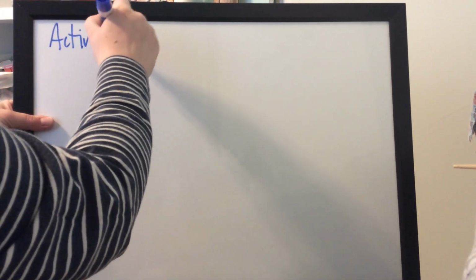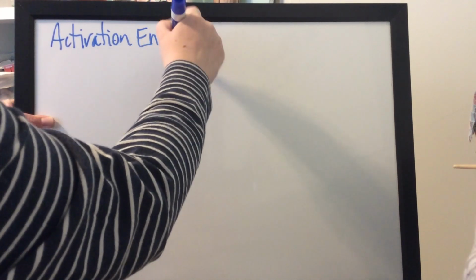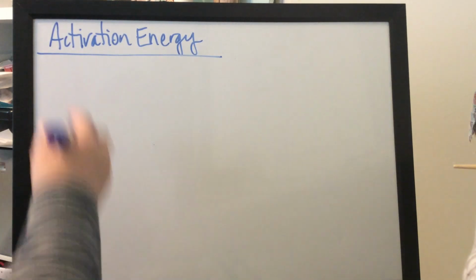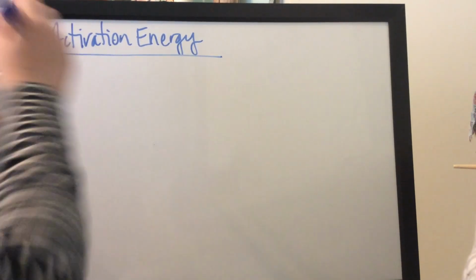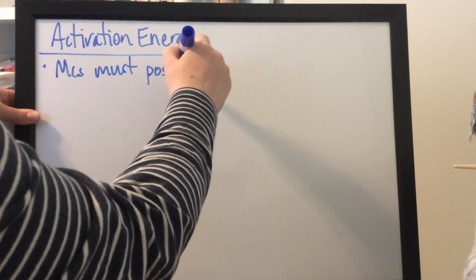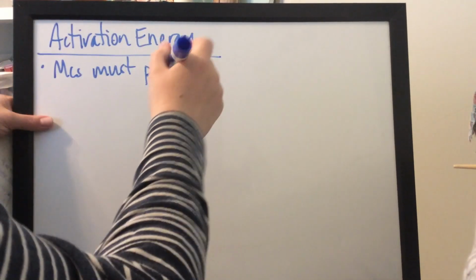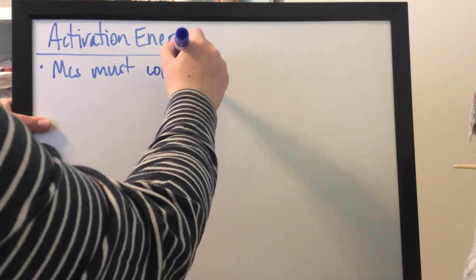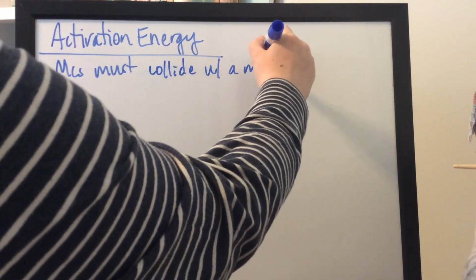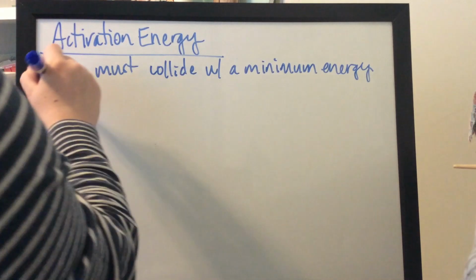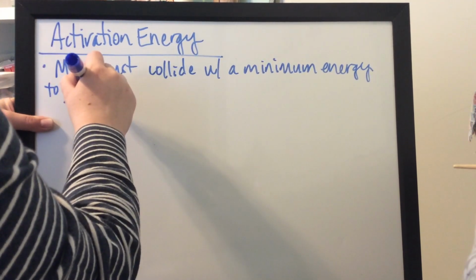And then the second requirement is having enough activation energy. We have talked about this, but it's absolutely worth talking about again. So the main takeaway point is that molecules must collide with a minimum energy to produce a successful collision.